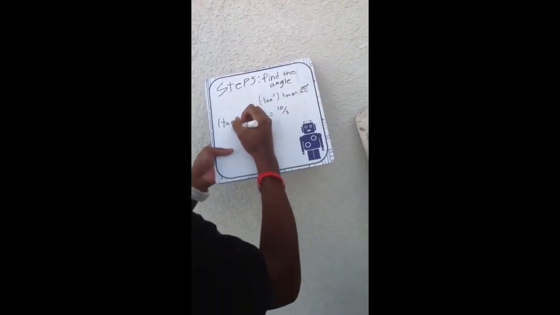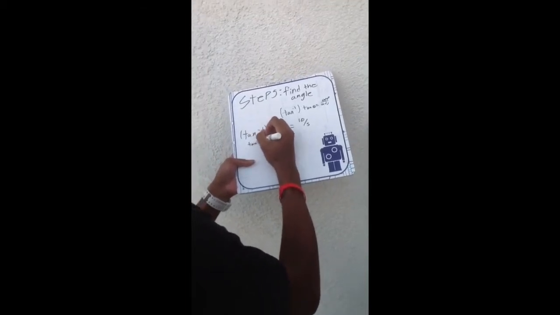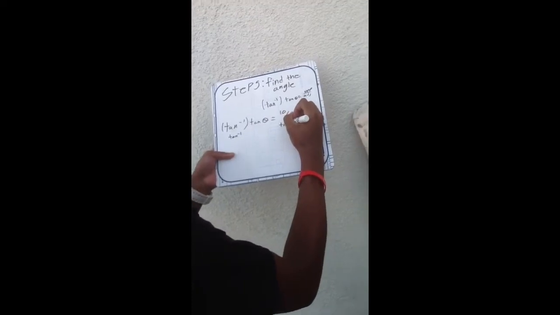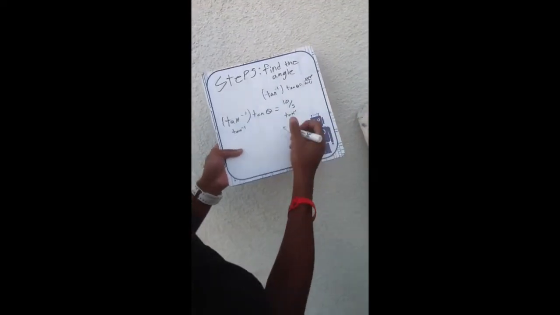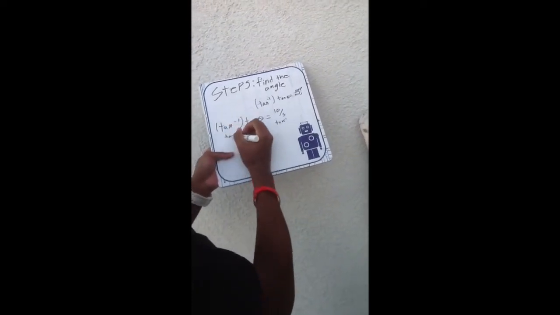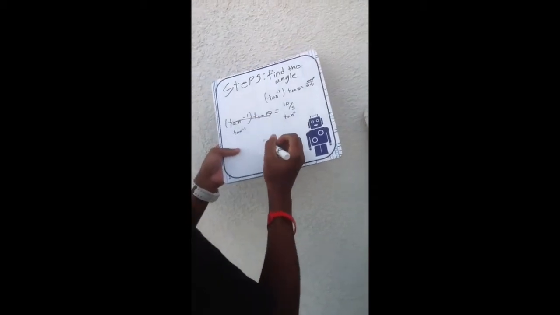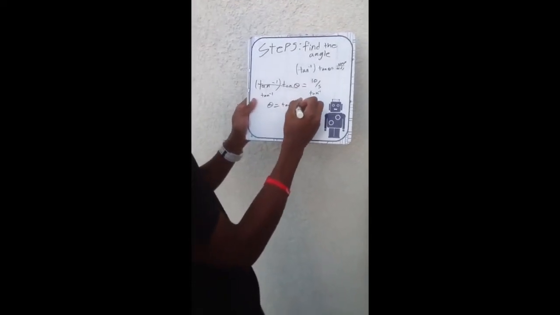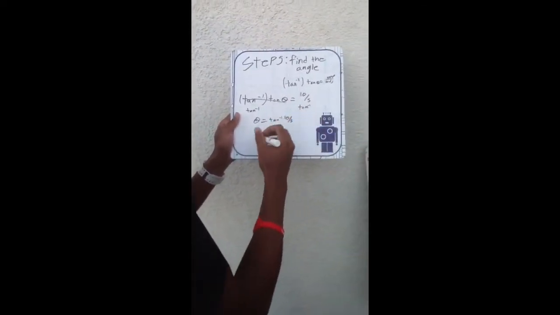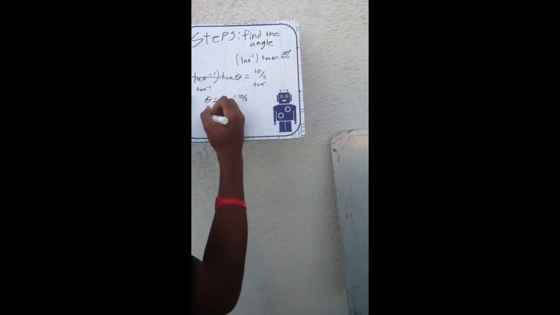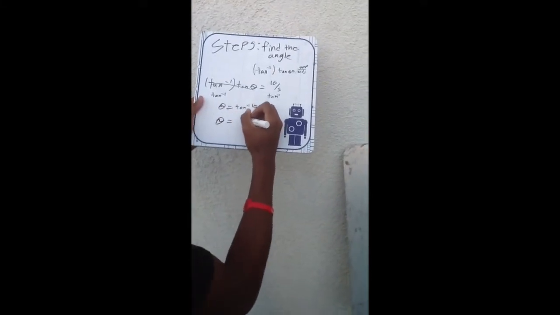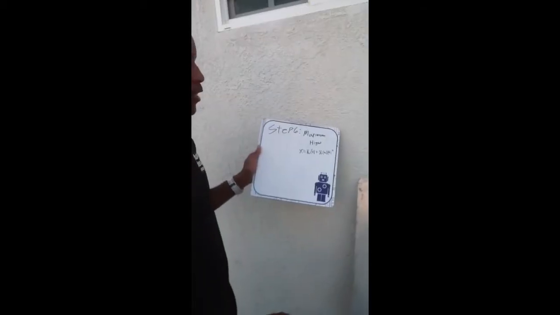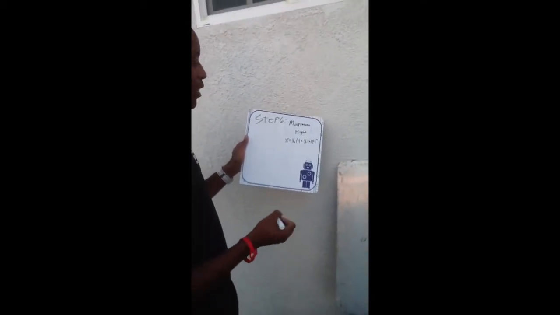You apply tangent inverse to both sides, and then tangent inverse cancels with tangent, leaving you with angle equals tangent inverse of 10 over 5. So the angle will equal 63 degrees. Step 6 of our projectile motion is finding the maximum height.